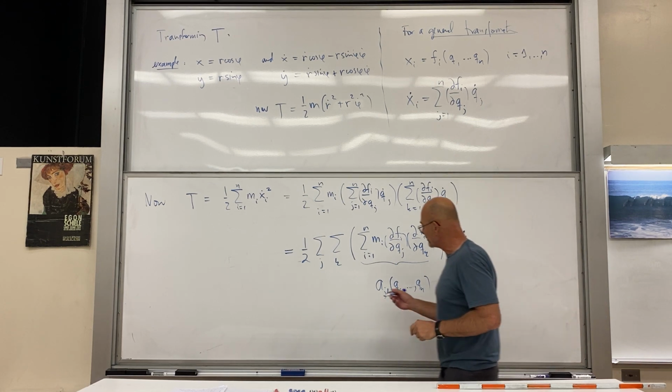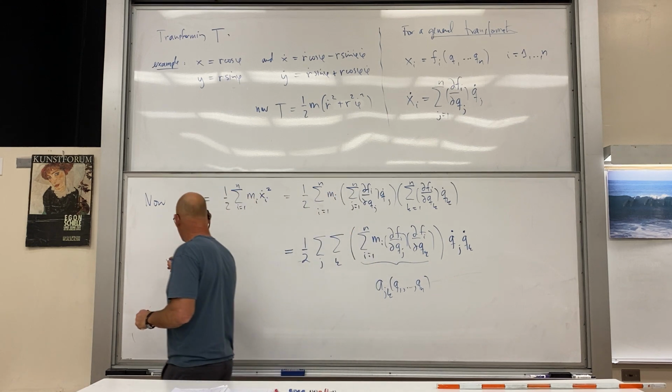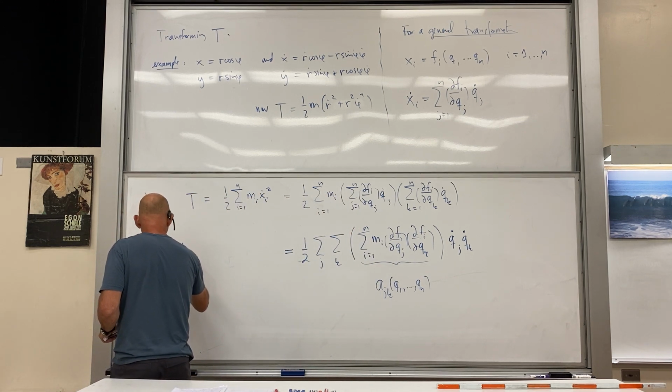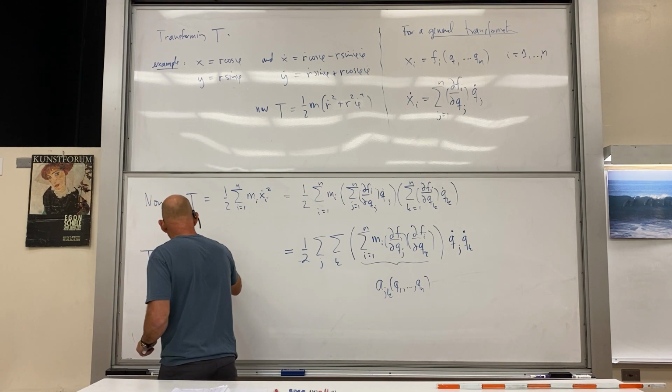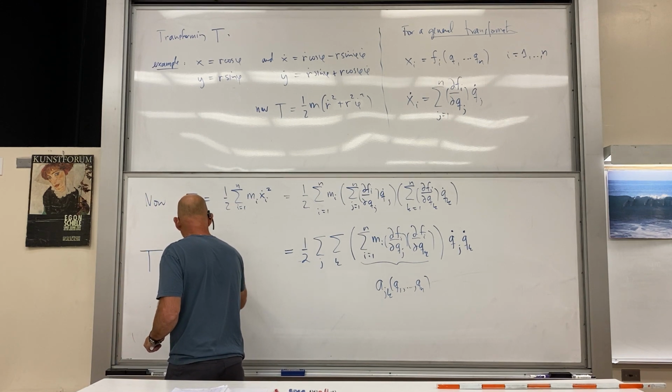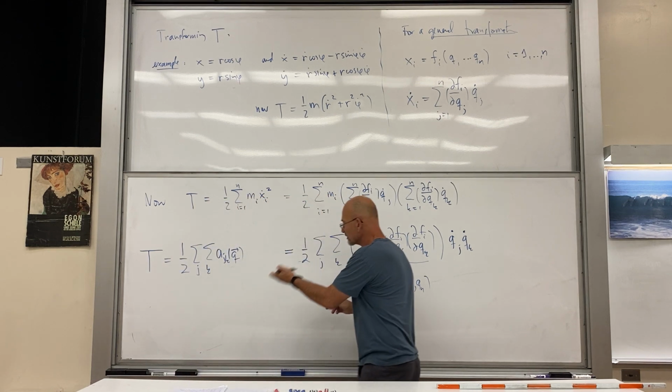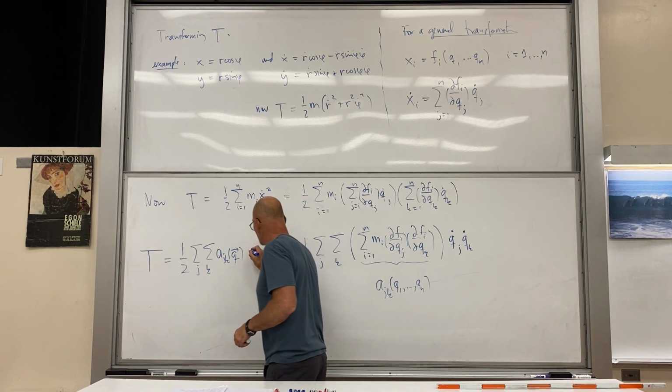Okay. And so the form of the kinetic energy, what we've arrived at, is this. I'll put this in a box. The kinetic energy has the generic form: sum over jk of a sub jk of q, q sub j dot, q sub k dot. I'll just say vector for all of those quantities.